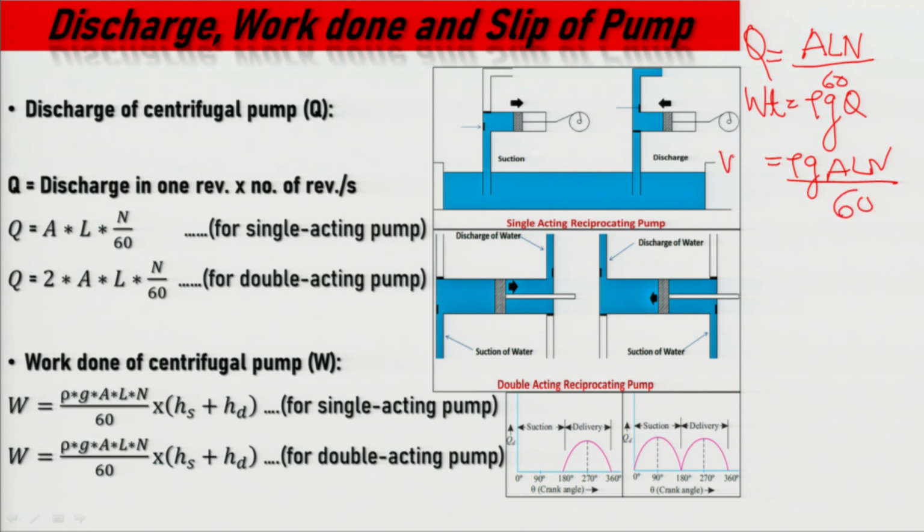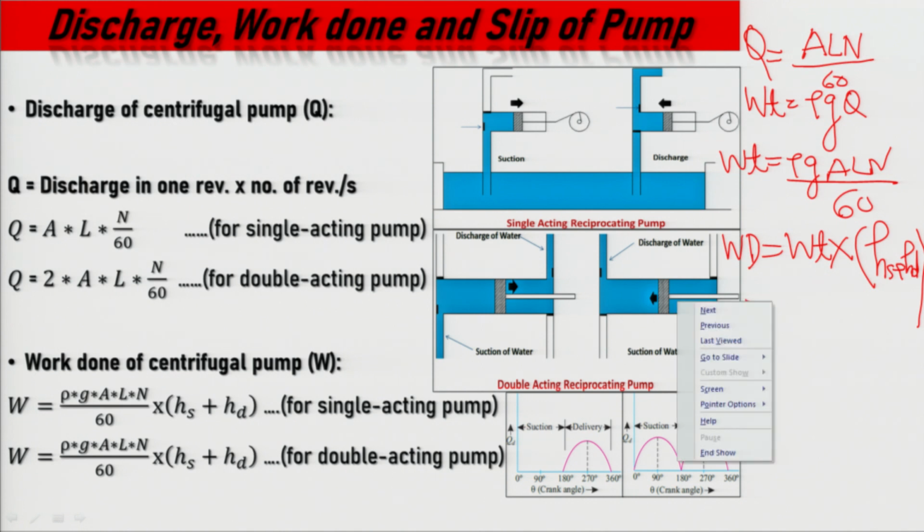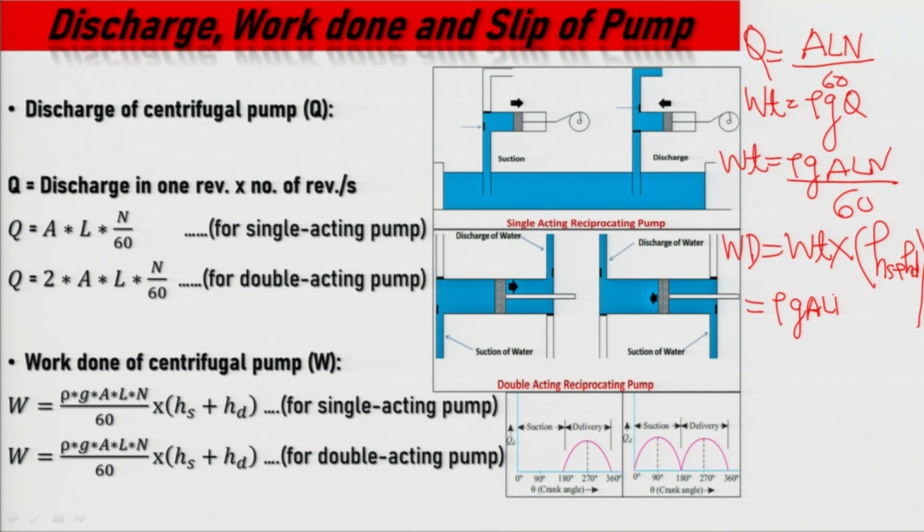So this is the weight of water lifted per second, and what is the work done? This weight of water lifted into the height, Hs plus Hd: rho g A L n upon 60 into Hs plus Hd.